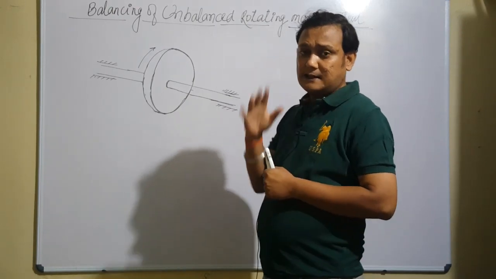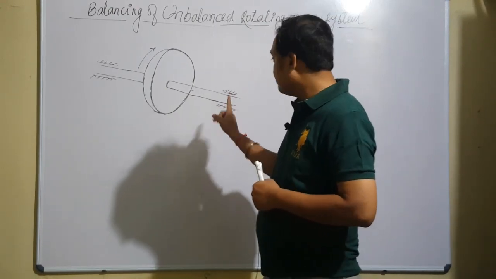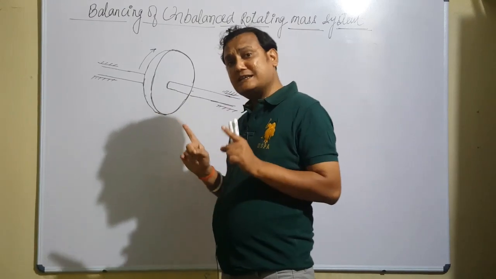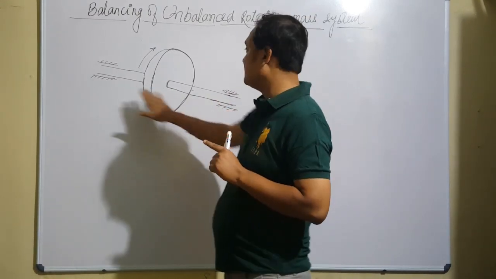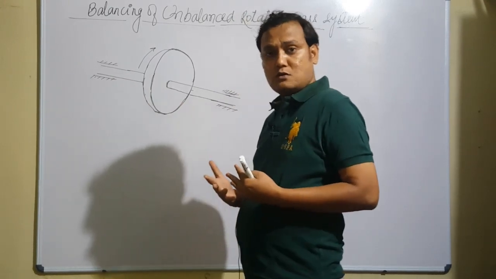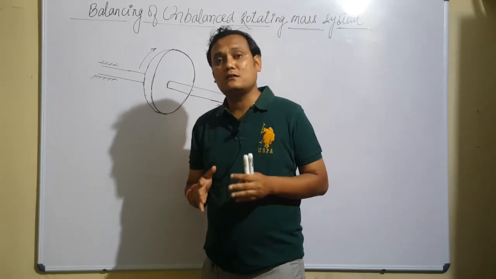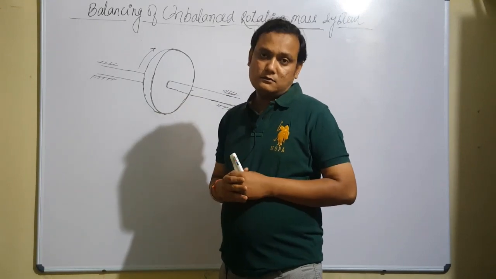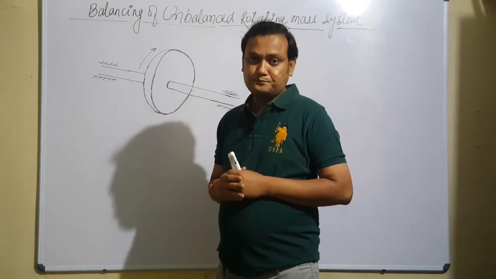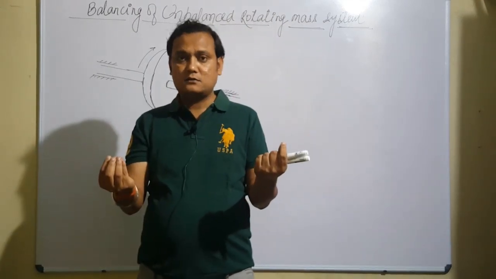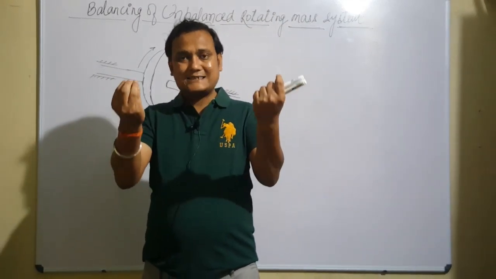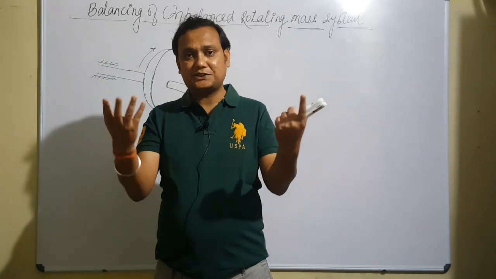As we discussed in the first class, the supports are supposed to bear the weight of the system. This is what we design the support for. The support has to bear the weight of the system, and weight acts in one particular direction.